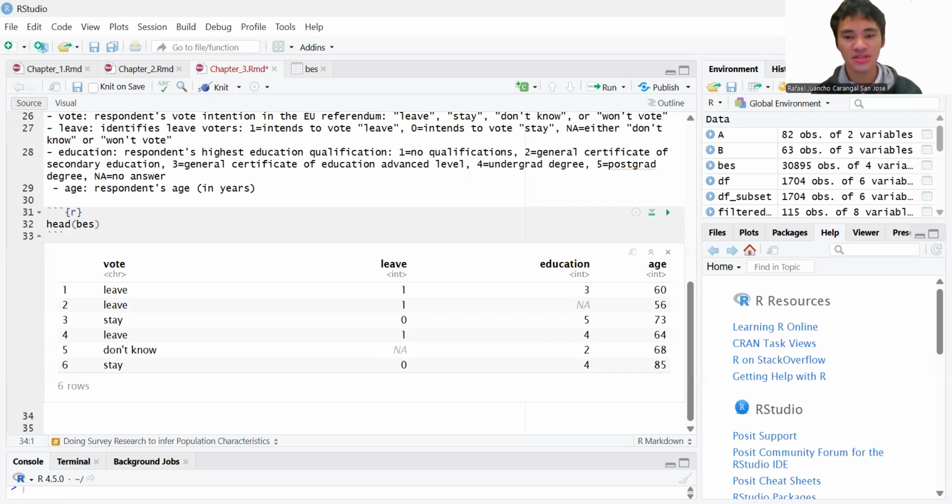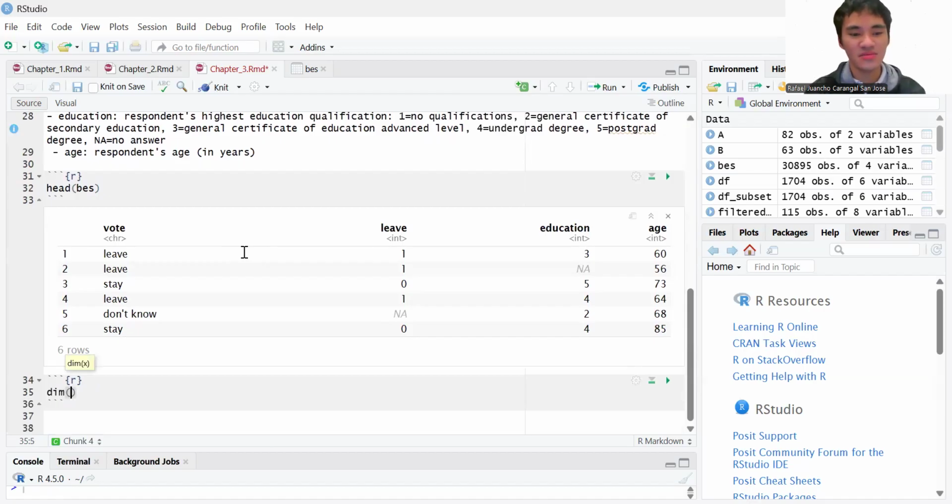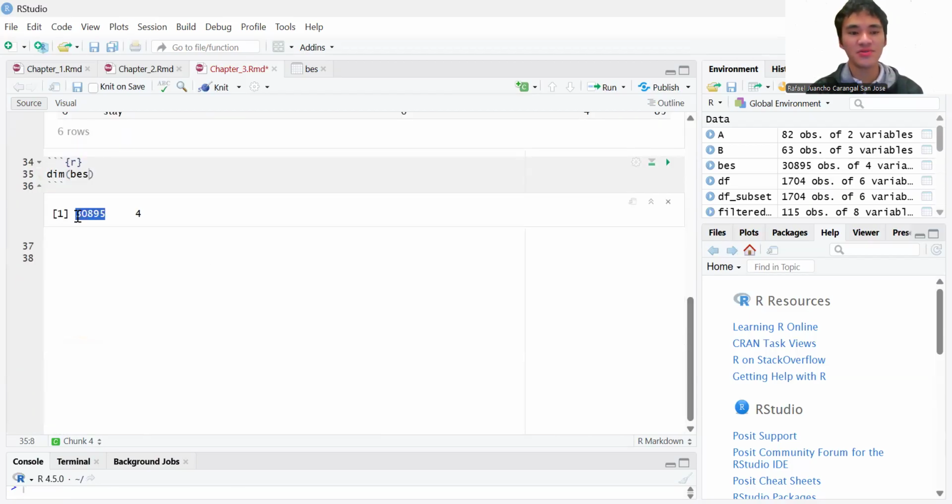Okay, so let's determine how many respondents were part of the survey. So to do that, again, we write some code, we do dim. And this will tell us how many rows there are and how many variables we have as columns in this case.